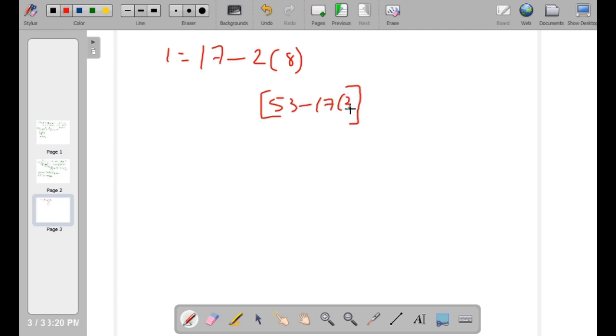If we expand this bracket, we will be getting 17 minus 53 into 8 plus 17 into 24.